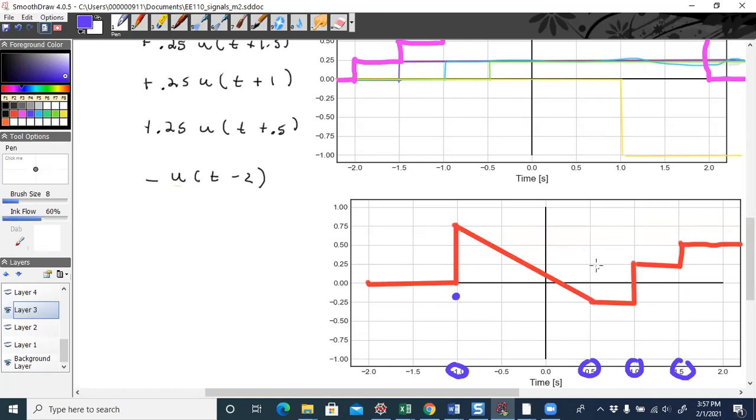But you can tell based on what I've done so far that your equation should have 1, 2, 3, 4 subfunctions with different times. Now, sometimes you can have more than one function happening at the same time, okay? Which is, in this case, you're adding a step to a negative ramp.